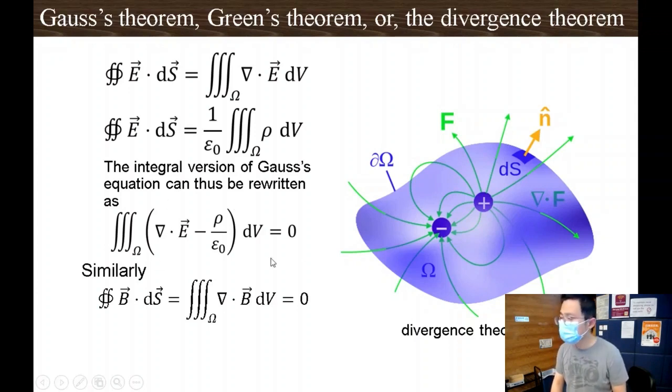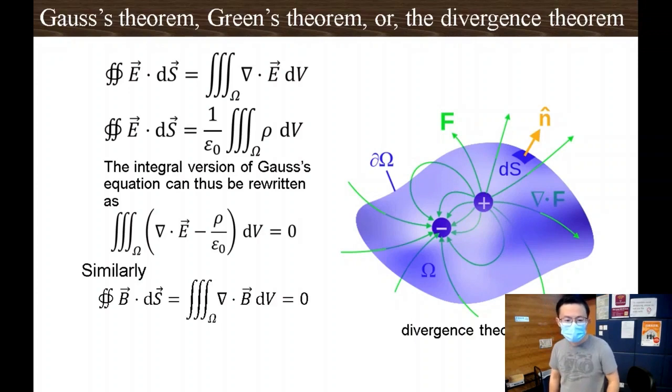Notice that this volume is not simply one volume; it can be any volume, because for any volume this is correct. So what's inside here must be 0. That's how we derive the differential forms of the Maxwell equation.